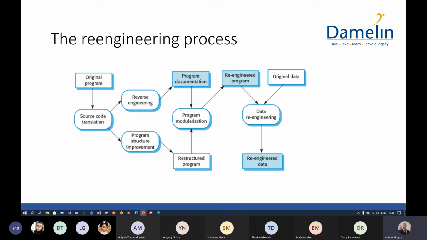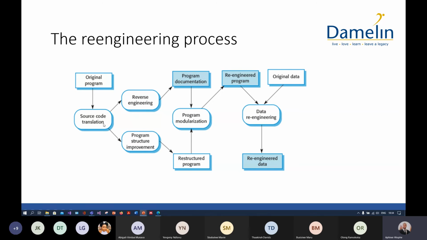Because it's a legacy system, we said it most likely will be built on old school programming languages. So you need to be able to convert or do a translation from an old obsolete programming language to newer, more modern object-oriented programming languages. And there is software online which can help you do that.